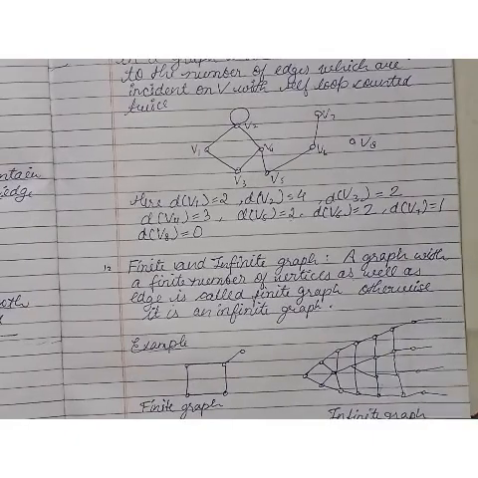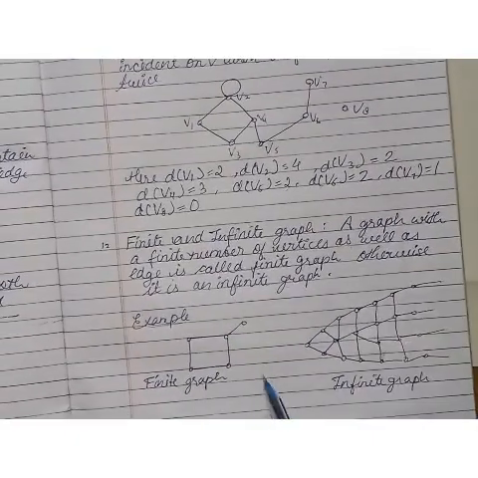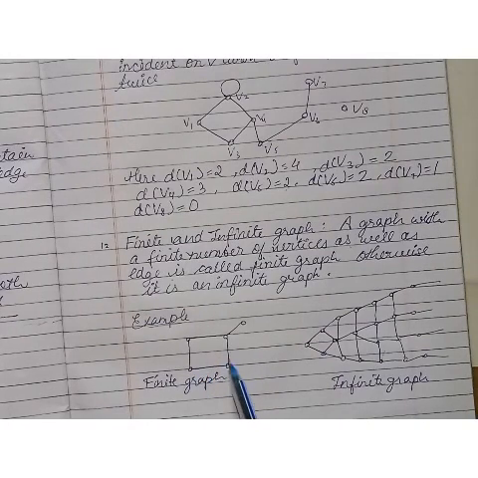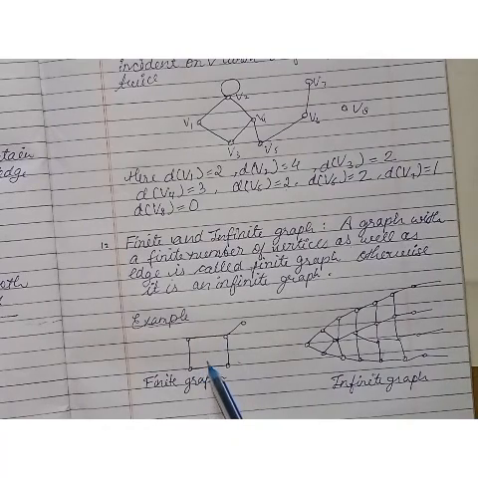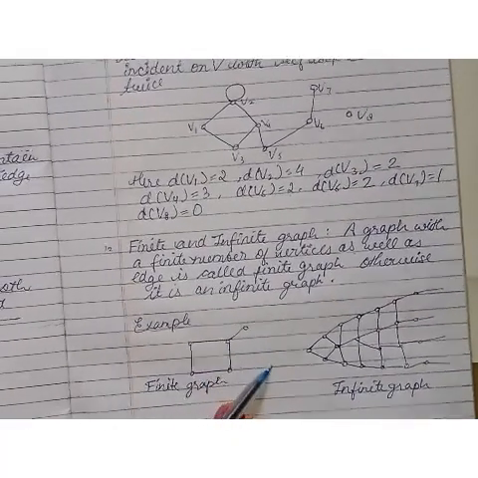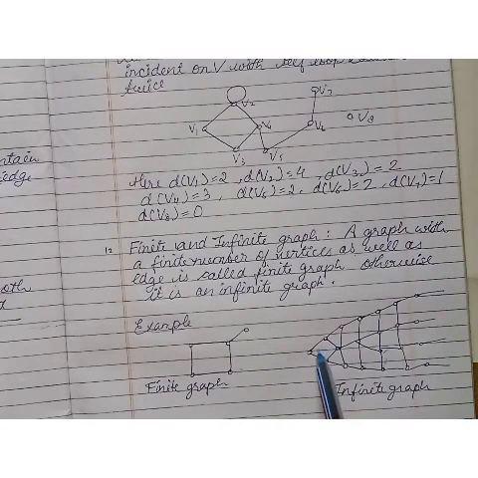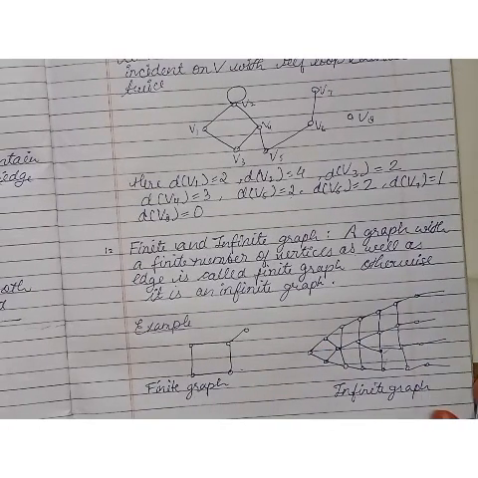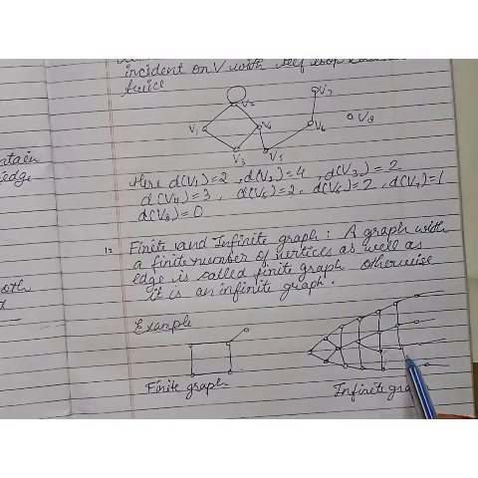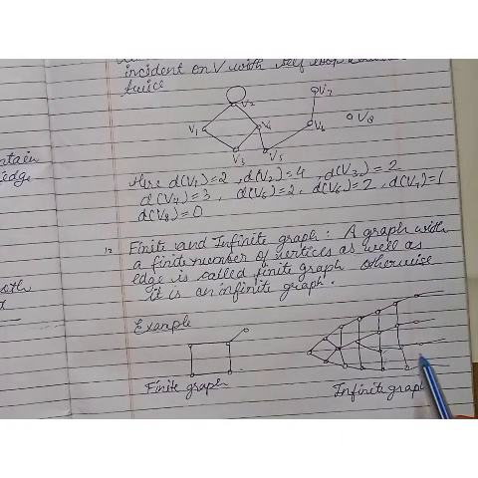We can see in the example, this is a finite graph because there are a finite number of vertices and a finite number of edges. And in this graph there are so many edges and it proceeds further, so there are infinite numbers of vertices and infinite numbers of edges. So this type of graph is called an infinite graph.